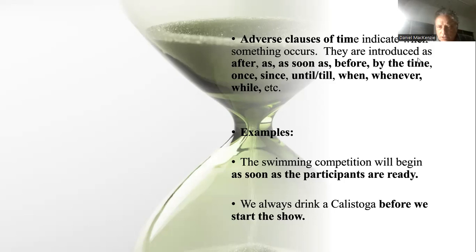As soon as the participants are ready would be your adverb clause of time. We always drink a Calistoga before we start the show. Before we start the show is your adverb clause of time. The word before is an indicator of time.